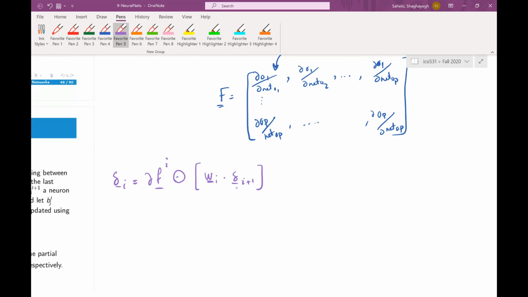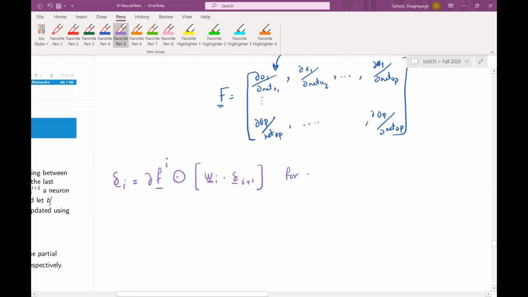In an MLP with more layers, it has a similar format: the derivative of the activation function, element-wise, with the weighted contribution of error back propagating from the layer in front of us.